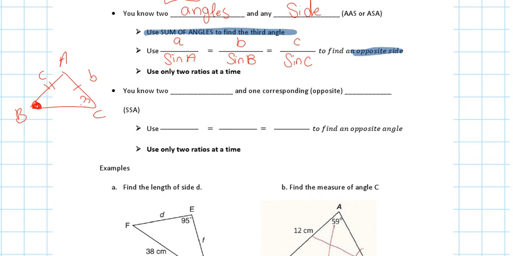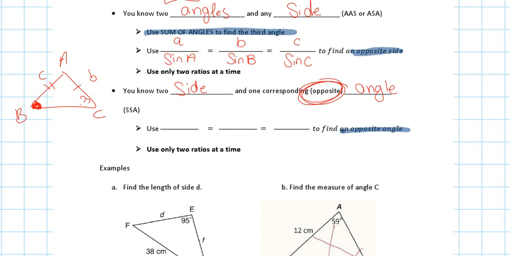So you know two sides, and one corresponding, which is an opposite angle. This is a very important part. Otherwise, you cannot use the sine law in this scenario. So in this case, I'm finding the opposite angle.